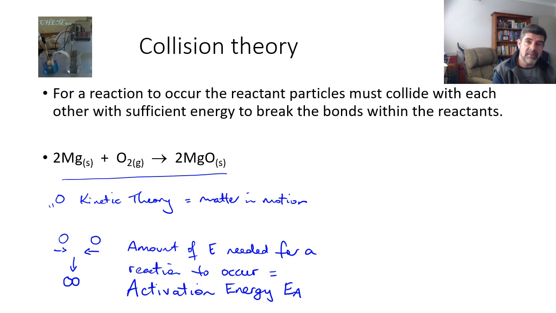So this is two elements combining to form a compound, which we've said is an example of a synthesis reaction. In fact, if we put oxidation numbers up the top, because both magnesium and oxygen are in their elemental form, their oxidation number is 0. But in the compound, oxygen would be a -2 and the magnesium therefore a +2. And so what we've had is an oxidation reduction couple happening. So this is also an example of a redox reaction.